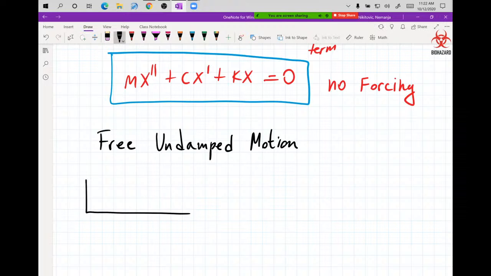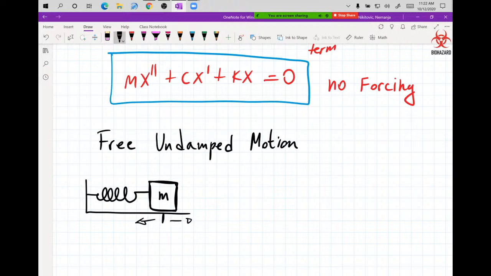You just have your spring going into the object with a mass m, and then you pull this thing, and it's going to start oscillating back and forth.